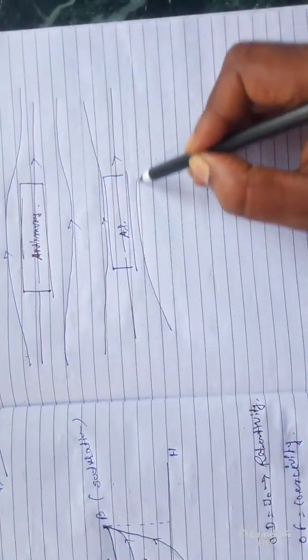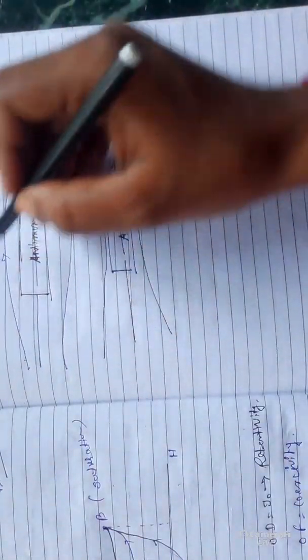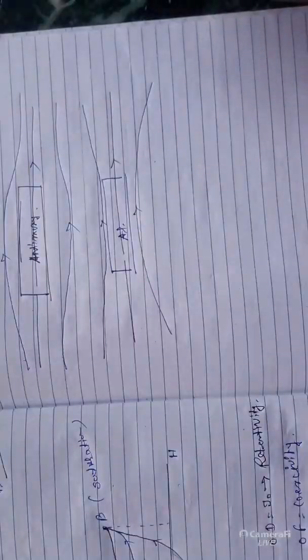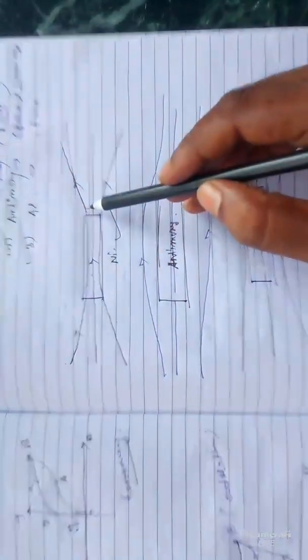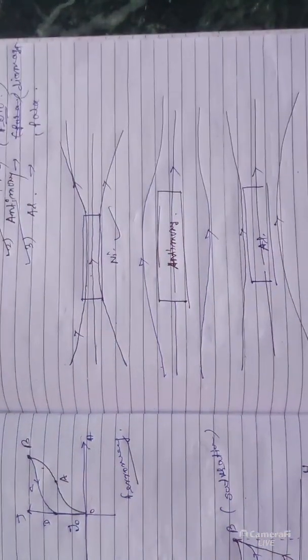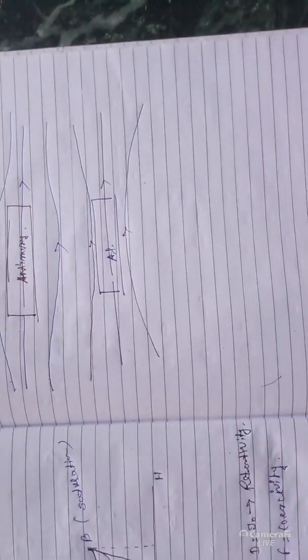Notice, in the case of a ferromagnetic substance, that is nickel, there is a strong attraction. Notice here, there is a strong attraction. But in the case of aluminium, there is a weak attraction of the magnetic field. Clear?